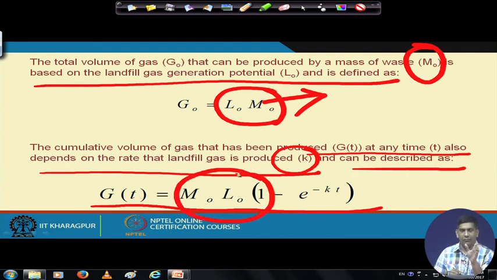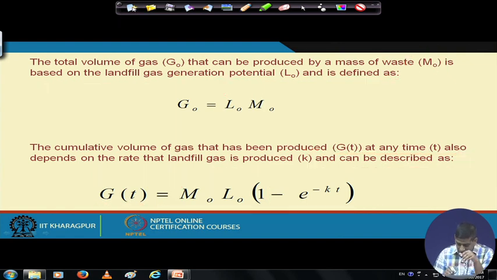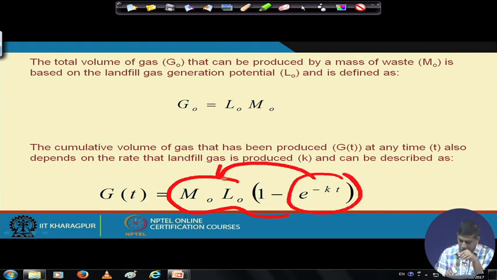Multiplying the other part, M0 L0 times e to the power of minus kt, gives the amount of gas that still needs to be produced.